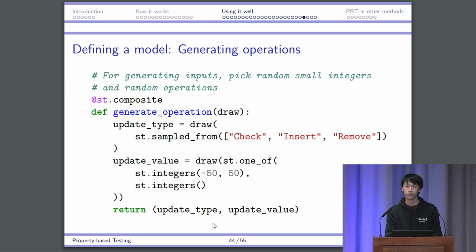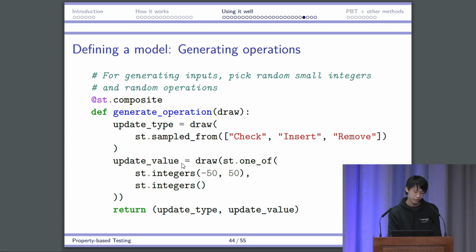Well, first of all, we need to generate some operations. So what I've done here is I essentially have a sort of enumeration type in Python where my first value can be one of three strings: check, insert, and remove. And each one is indicative of a different operation that I have.